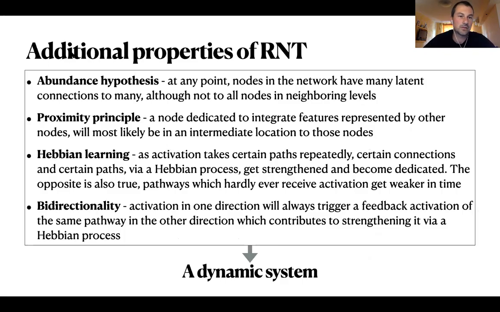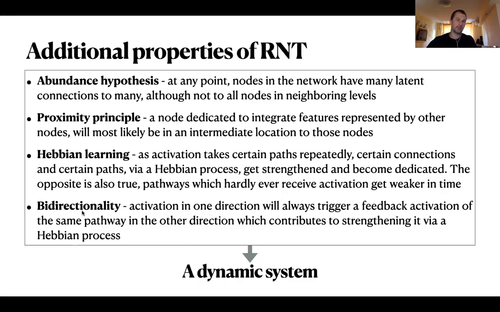And these two properties together lead to a dynamic type of model within which a Hebbian type of learning occurs. That is, as activation takes certain paths repeatedly, certain connections and certain paths will get strengthened and become dedicated. And of course, the opposite is true. Those pathways which don't receive activation will get weaker in time.